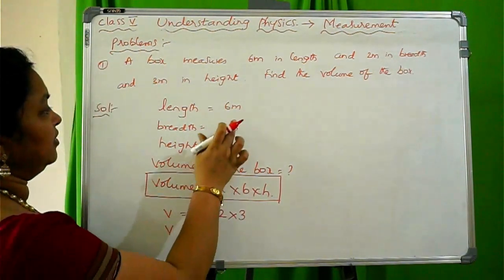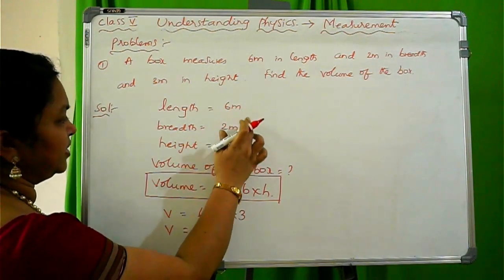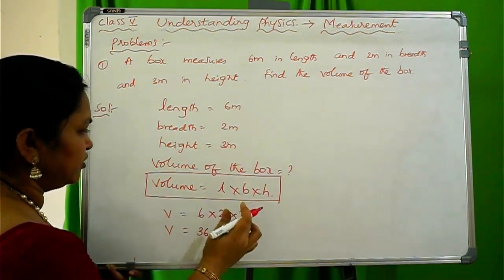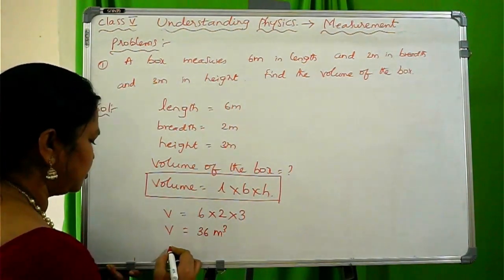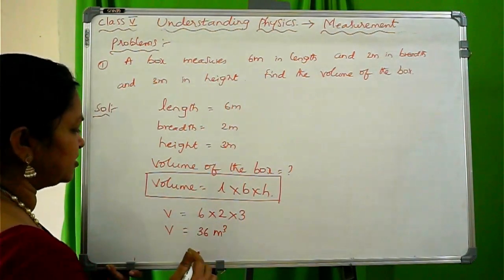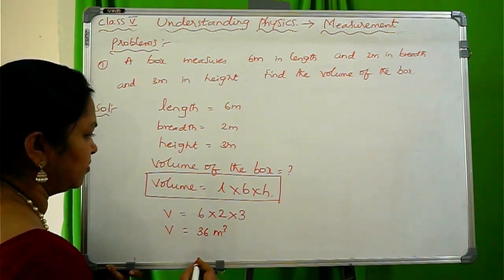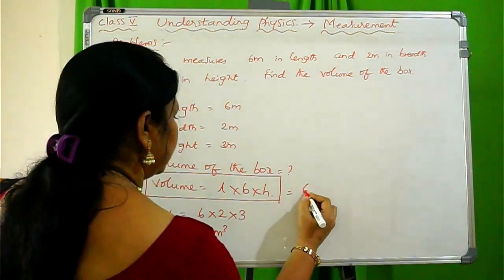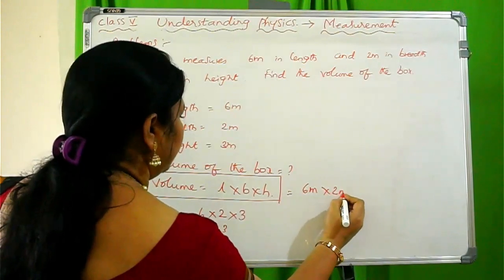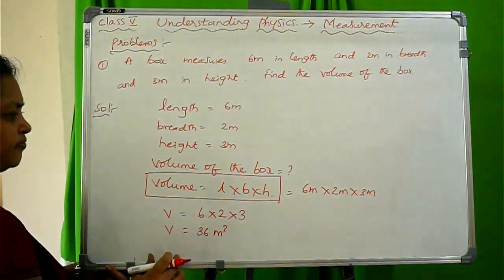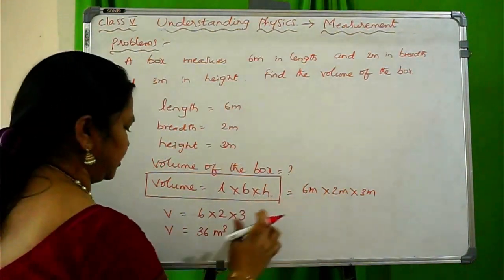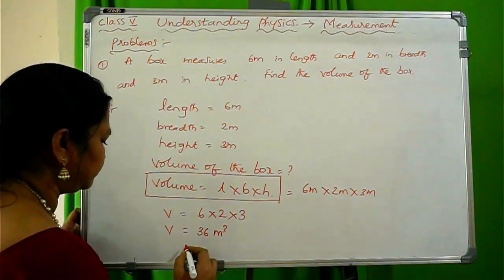In which one they have given meter, meter, meter. So meter into meter into meter, how much? Meter cube. So volume of the box is equal to how much? 36 meter cube. Otherwise, you can write like this: 6 meter into 2 meter into 3 meter. So by that way, you can understand. 6 2s are 12, 12 3s are 36, 36 meter cube.